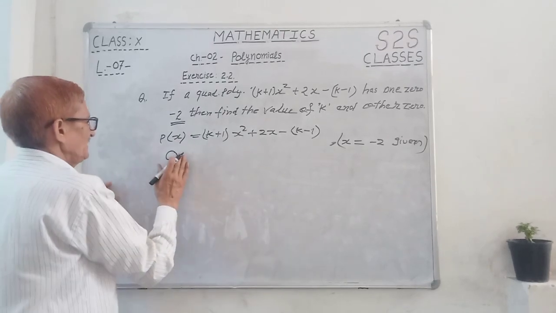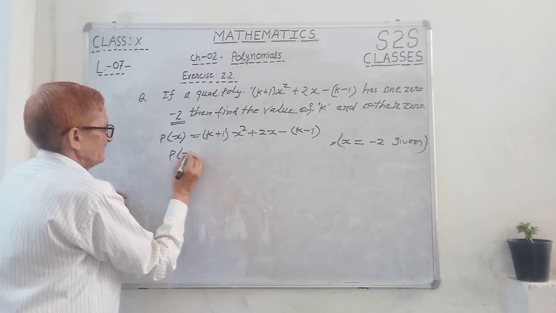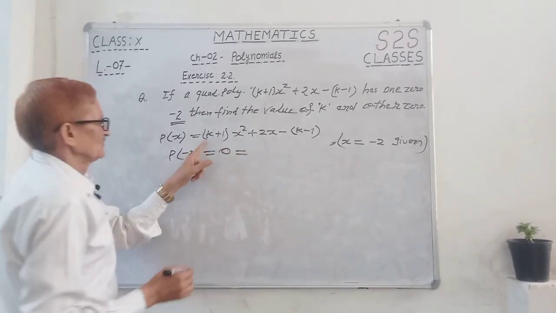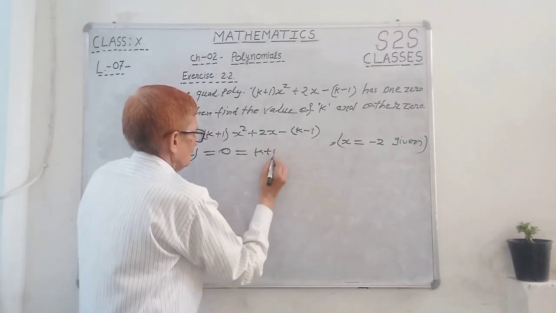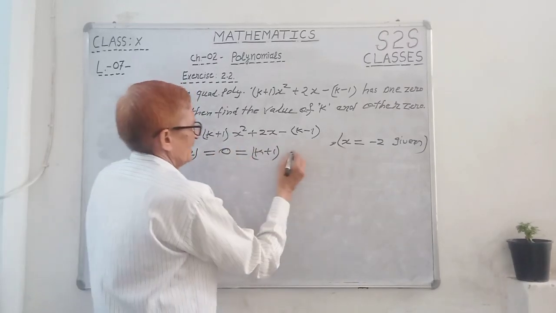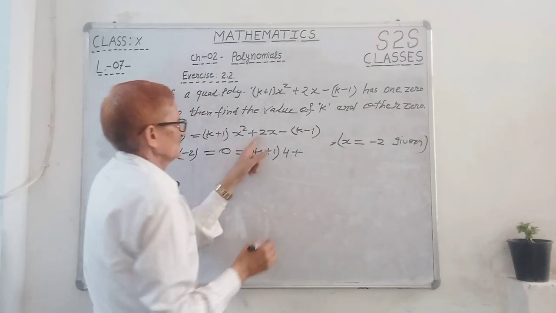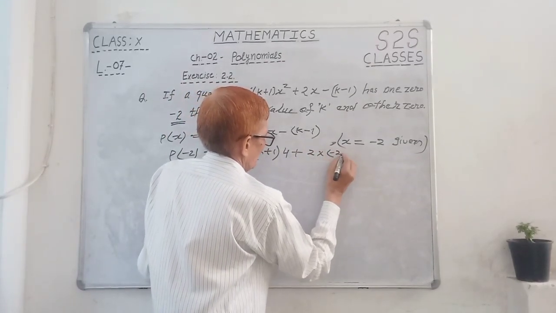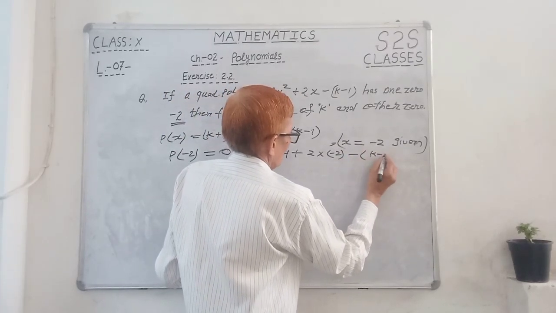Okay, so p of x, value -2 putting here and it will be 0 is equal to (k plus 1) into x square, x is -2 whole square 4, plus 2 into -2, x value -2, minus (k minus 1).